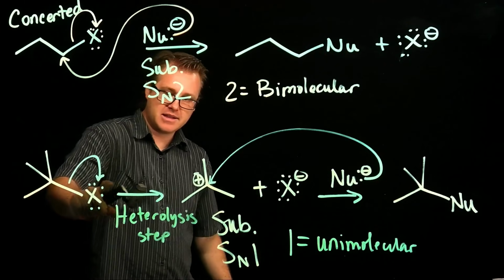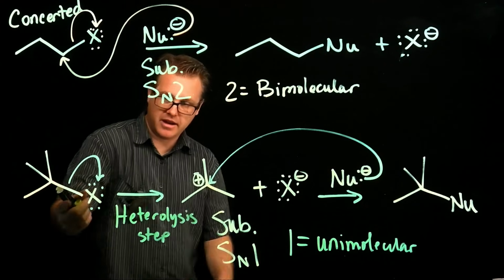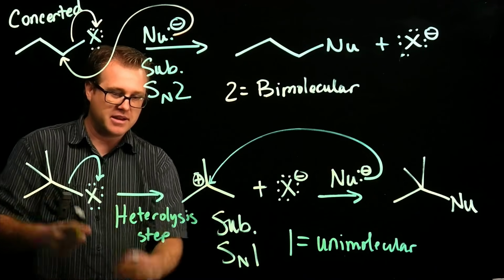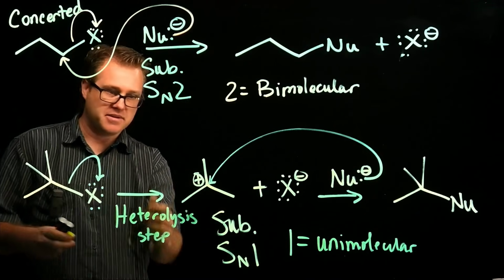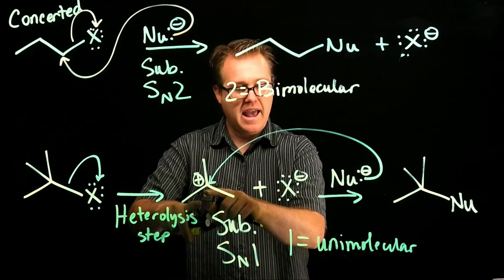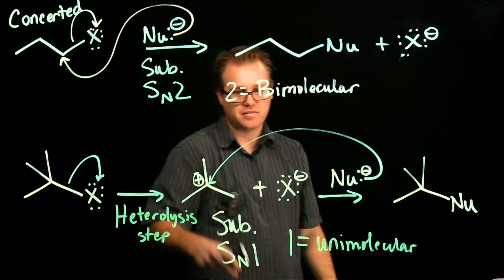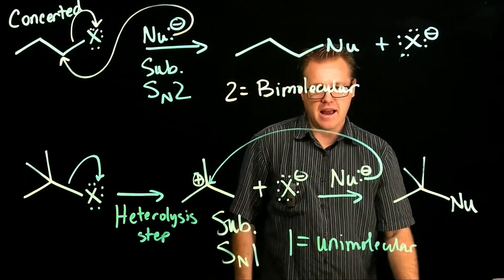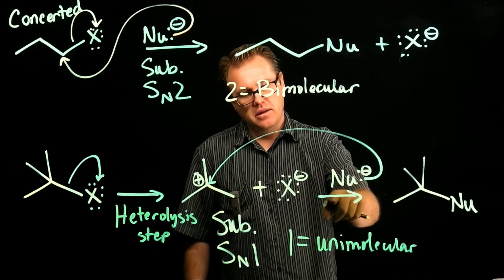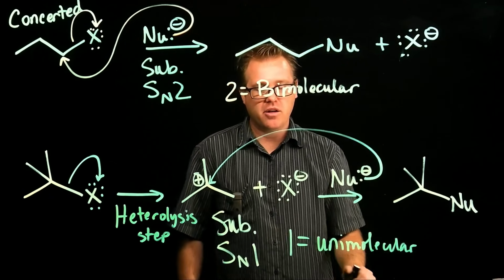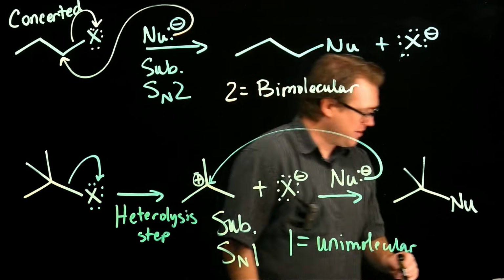So this elemental step right here, I'm showing you the mechanism. The leaving group just leaves and generates a carbocation. Right? Now, in this step right here, we call that a coordination step.